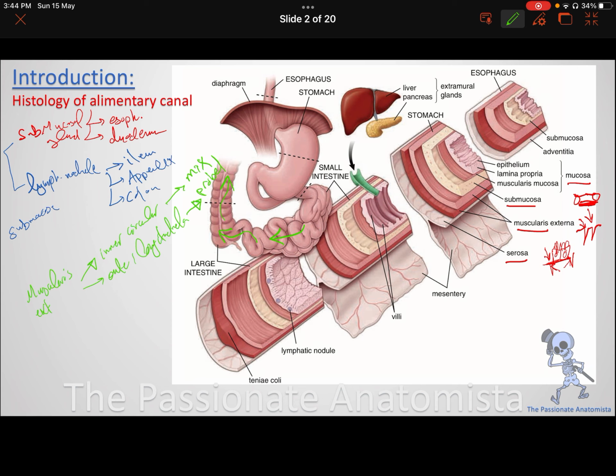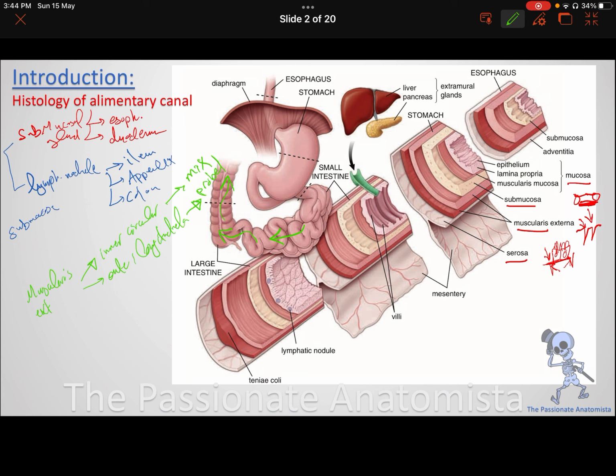All right. In some places, we have modifications of one of these two layers of muscularis externa. I want you guys to relate this histological information to the gross anatomy. So in some places, one of these layers becomes developed in such a way that it makes another function.